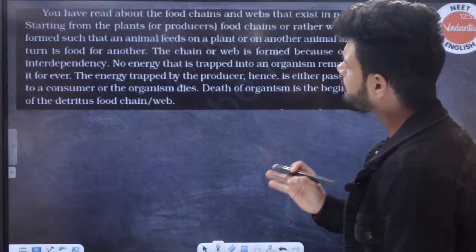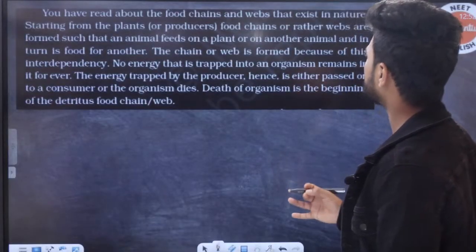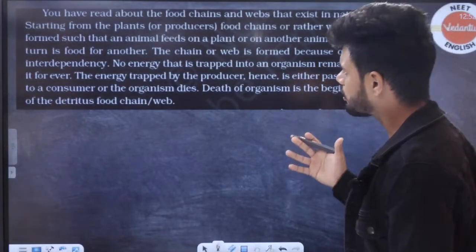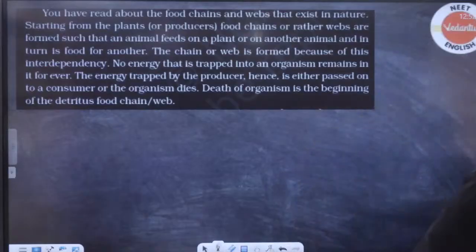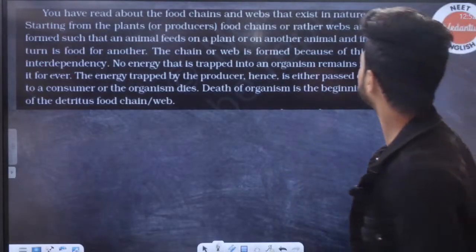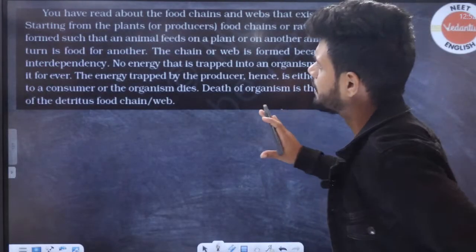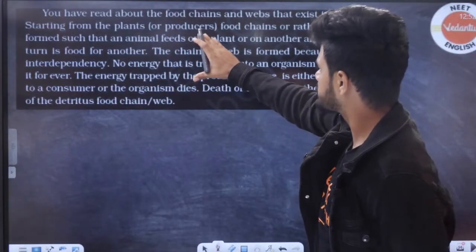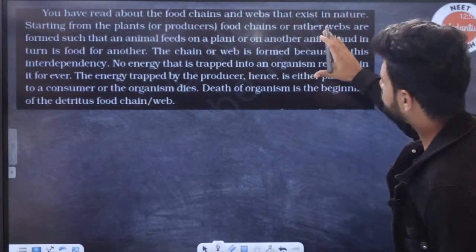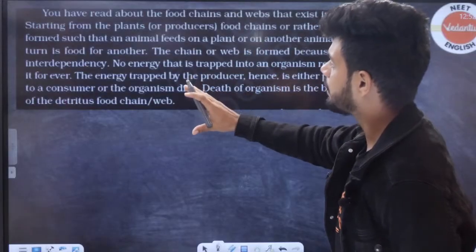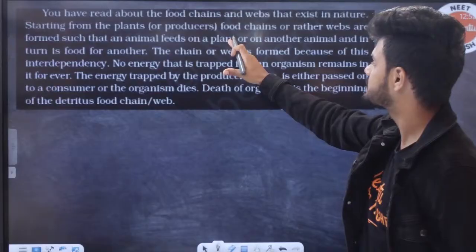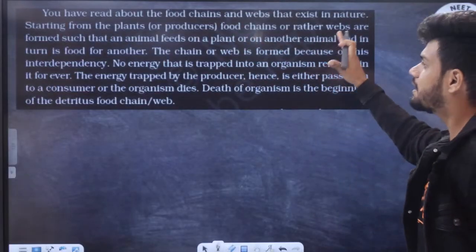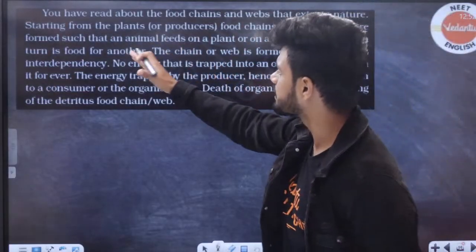Okay, you have read about the food chain and food web that exists in nature. All of you are aware of the food chain, right? Yes sir, we are aware of the food chain. Starting from the plants or producers, food chains or rather food webs are formed such that animals feed on the plants or on other animals, and in turn are food for another animal.